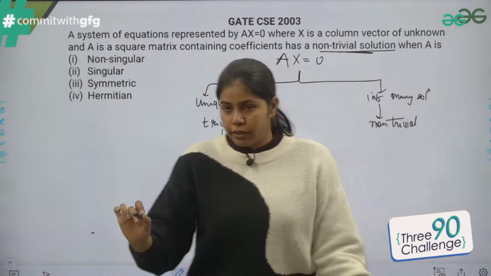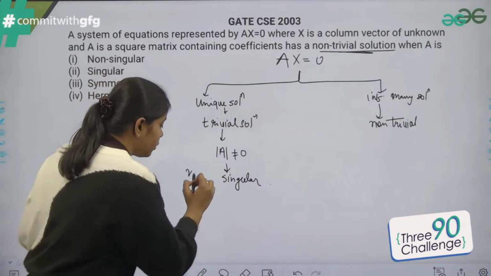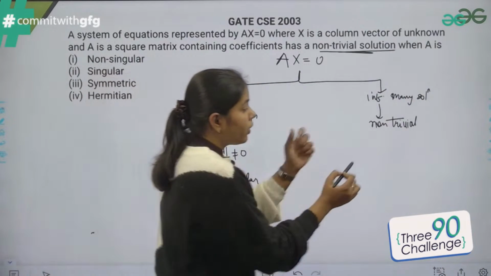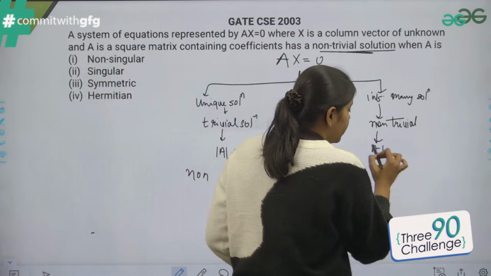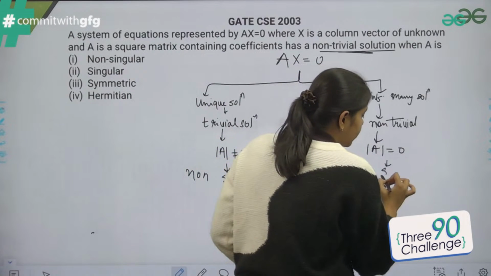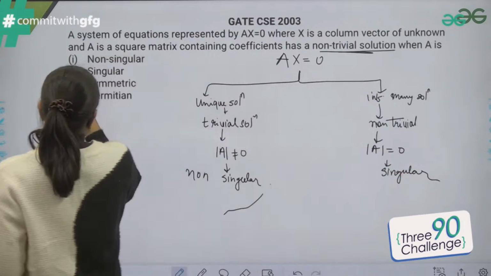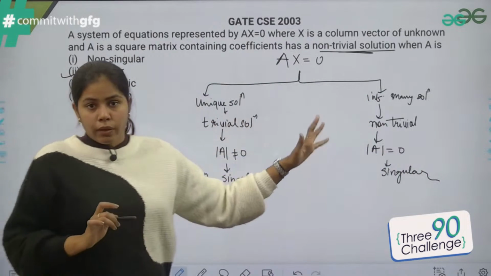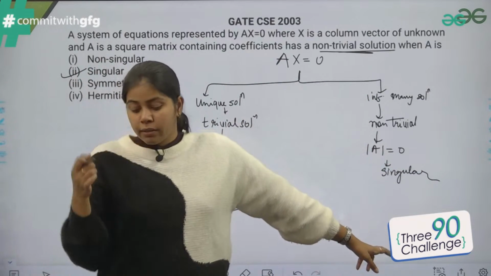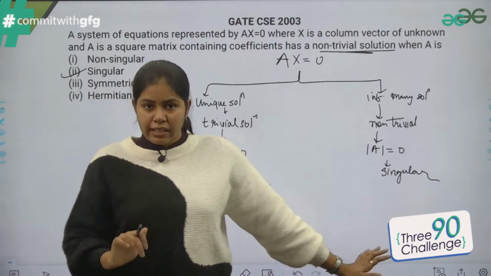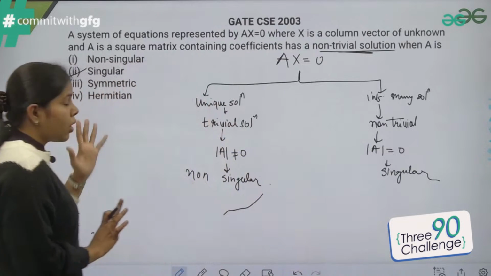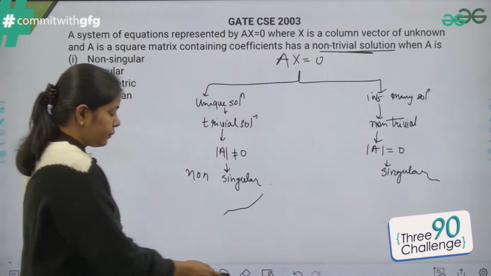Sorry, determinant of A non-zero means non-singular, and a non-trivial solution means the determinant of A is 0, that means singular, right? Option B is correct. Students get confused with non-trivial and singular. If the determinant is 0, then the matrix is singular, so we'll get option B correct.